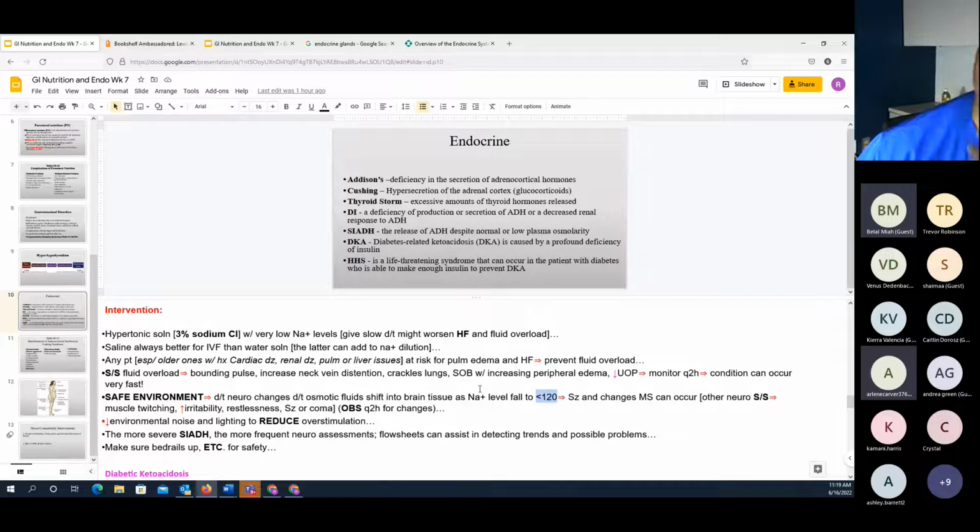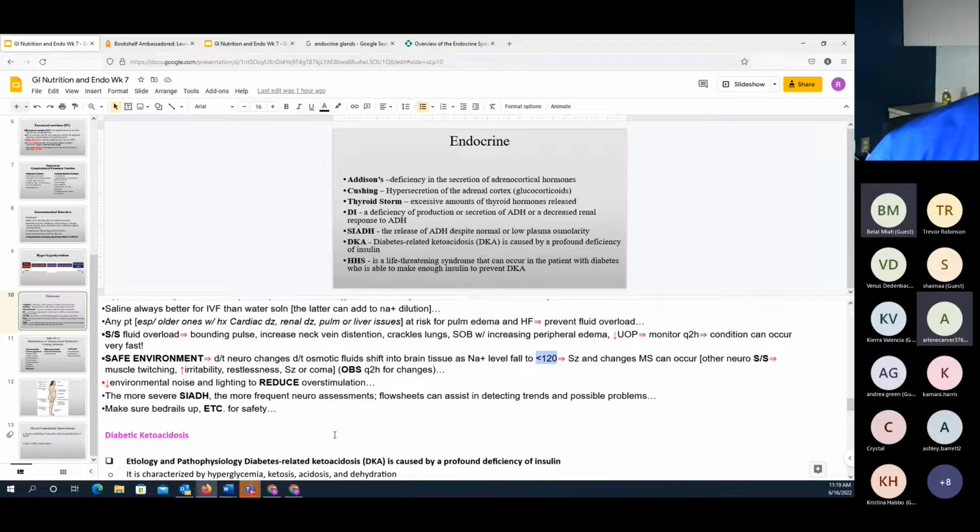So, again, these are just things that as a nurse, you need to be watching out for. So the more severe the SIADH is, the more frequent the neural assessment needs to be. And this will help us to look for trends in this patient's condition.